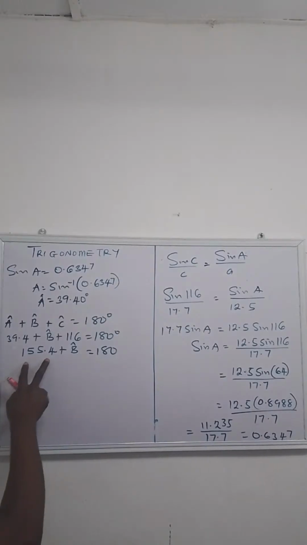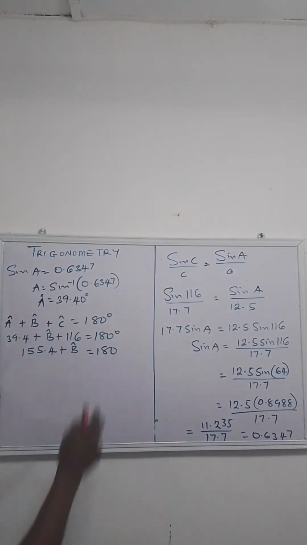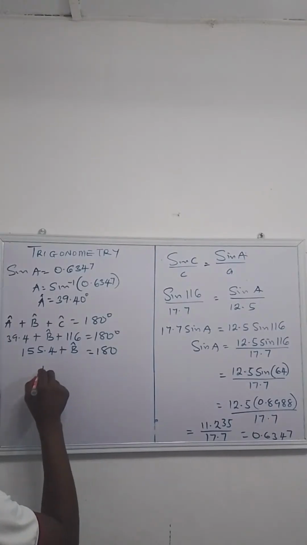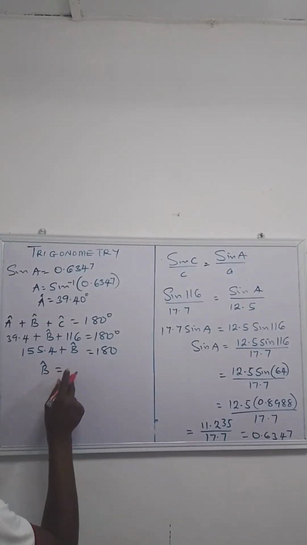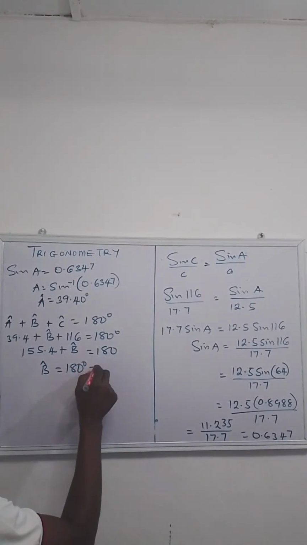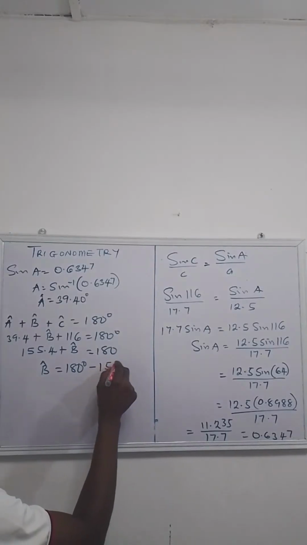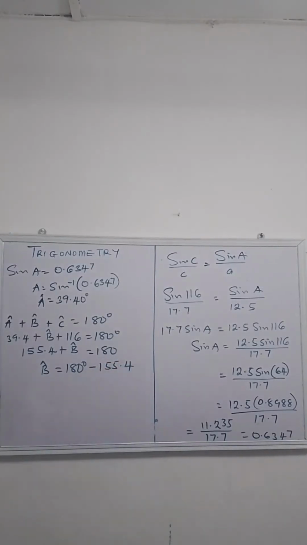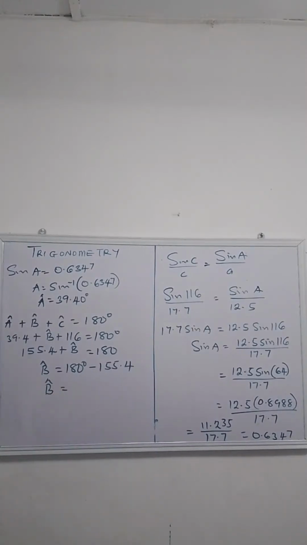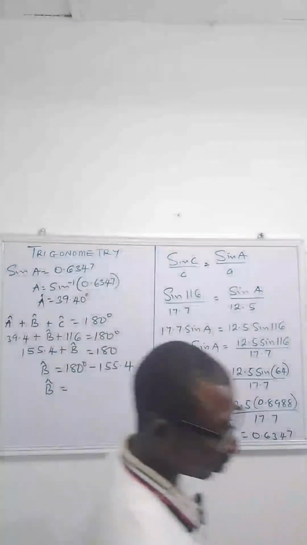Yes, now let's move this one to this side. So we have angle B equals 180 degrees minus 155.4. All right, so what do we have? We have angle B. What is going to be the answer?